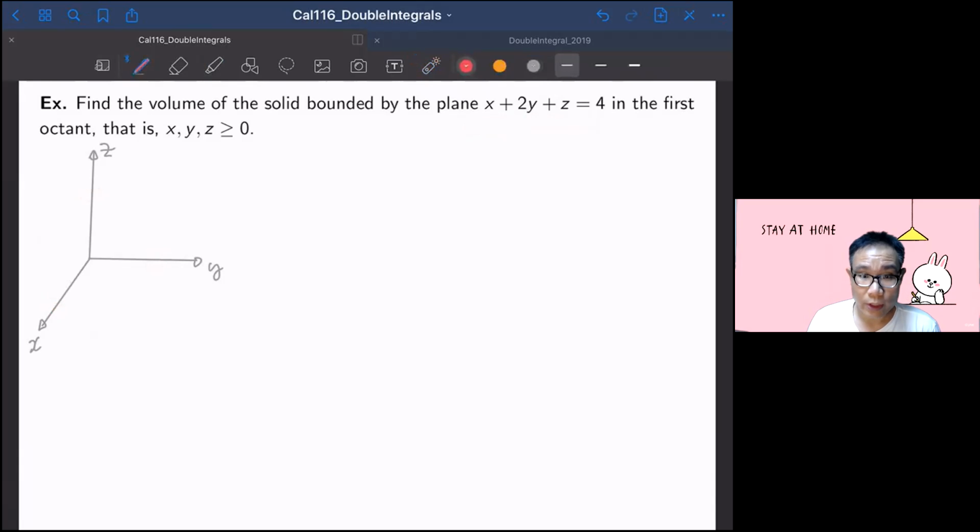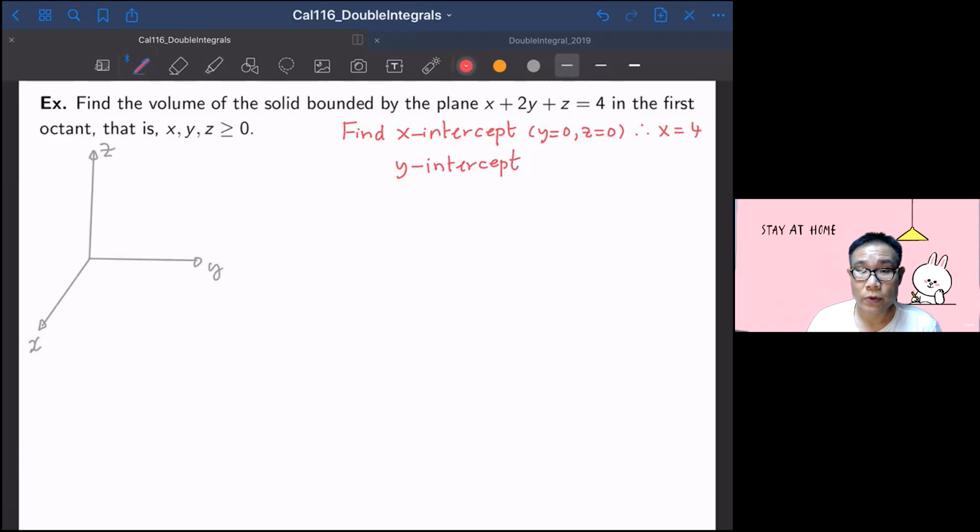So the way to sketch is you're going to find the x intercept. The x intercept means you have y equal to 0, z equal to 0. You plug in y equal to 0 and z equal to 0, so you get x equal to 4. In a similar way, you find the y intercept.